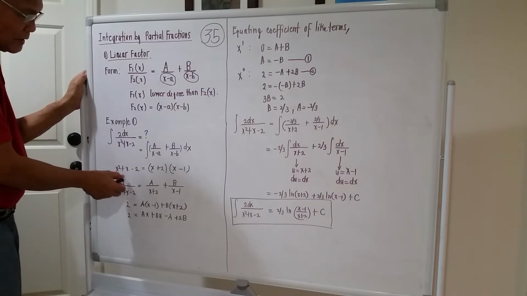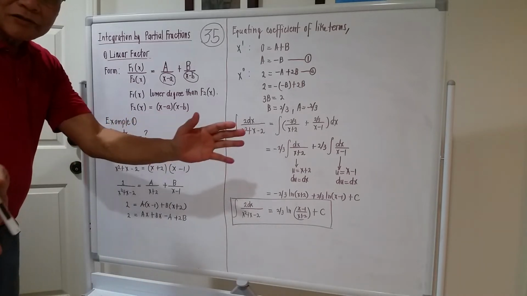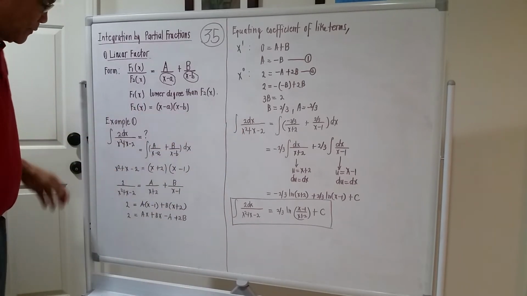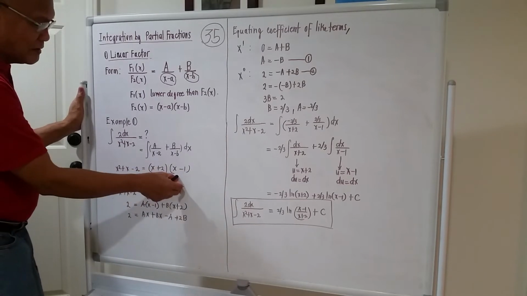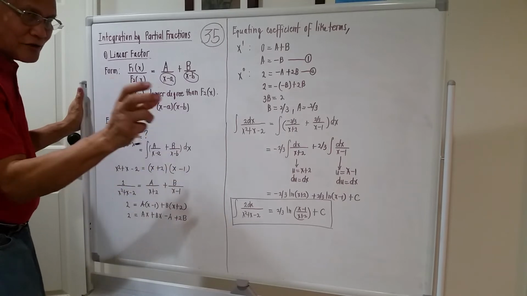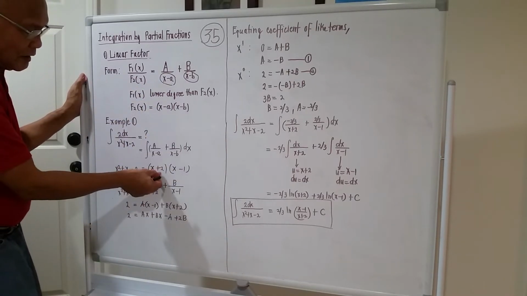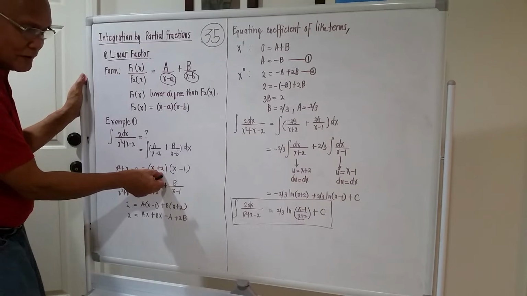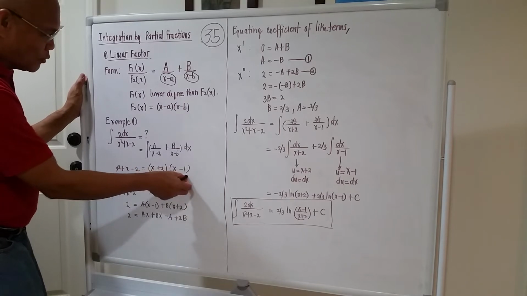x squared plus x minus 2. Okay? Use our knowledge of factoring. x squared could be x times x. Let's try to check the value of the middle term. If this is plus 2 and this is minus 1, plus 2 times minus 1 is minus 2.